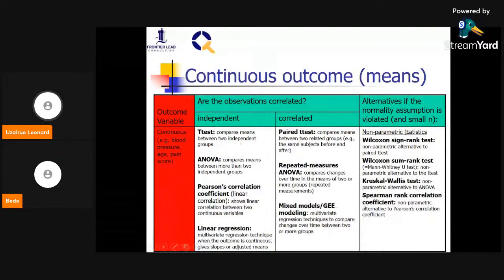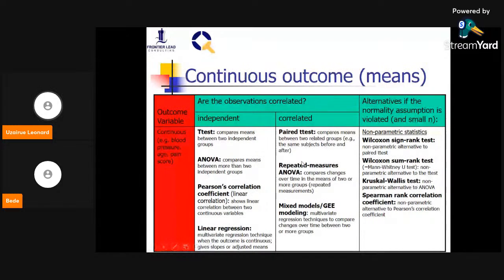The non-parametric equivalent, if they are not normally distributed, is, like I mentioned, the Wilcoxon signed rank test. This is the non-parametric alternative to your paired t-test.